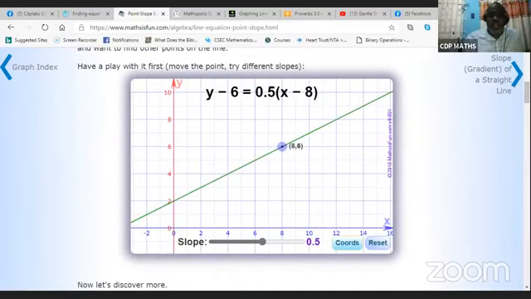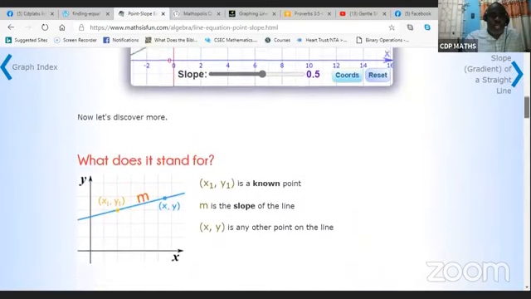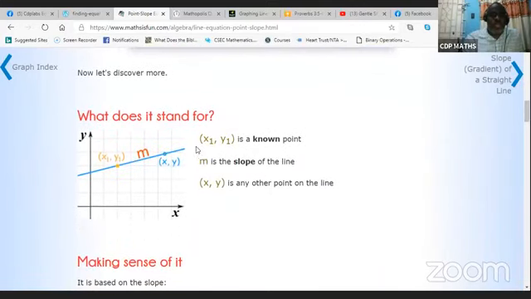You understand? All right, which basically we did earlier. Now, what it stands for, as I said to you earlier, is that x1, y1 is a known point, meaning they gave you that known point in the exam question. And m is the slope of the line and x, y is another point on the line.